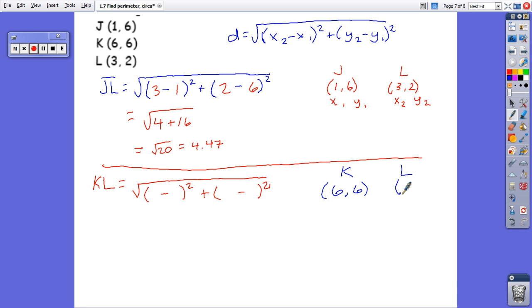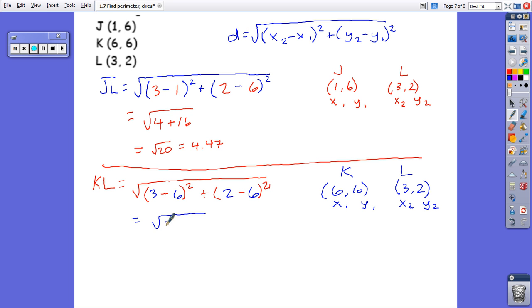L is 3, 2. Label again. x1, y1, x2, y2. And then plug it all in. So 3 minus 6, 2 minus 6. 3 minus 6 is negative 3.